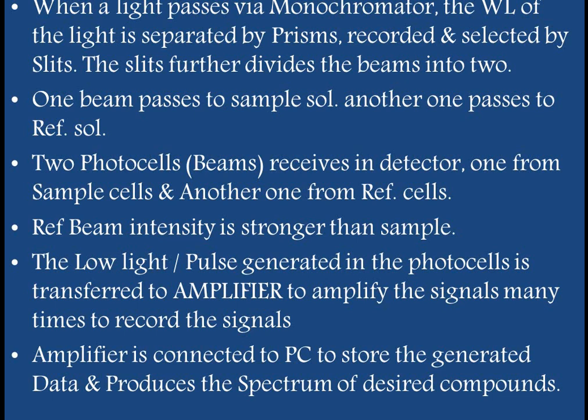The two beams are received in the detector, one from the sample cell and another from the reference cell. Reference beam intensity is stronger than sample. The low light generated in the photocell is transferred to the amplifier, where it amplifies the signals many times to record the signal. The amplifier is connected to a computer to store the generated data and produce the spectrum of the desired compounds.